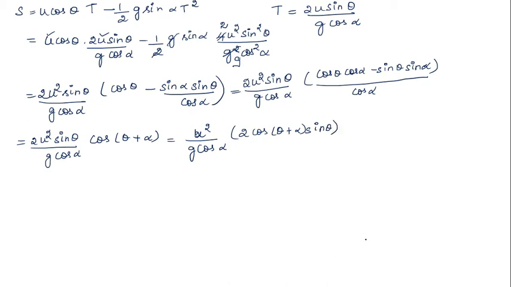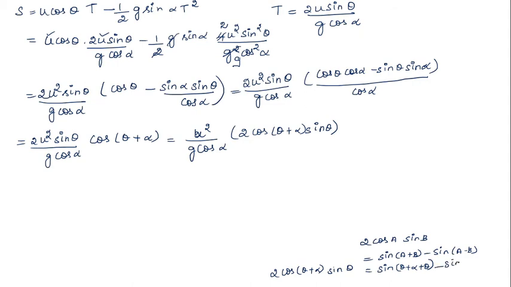We know the formula, 2 cos A sin B can be written as sin of A plus B minus sin of A minus B. So here we have 2 cos of theta plus alpha sin of theta, so it will be sin of theta plus alpha plus theta, minus sin of theta plus alpha minus theta.